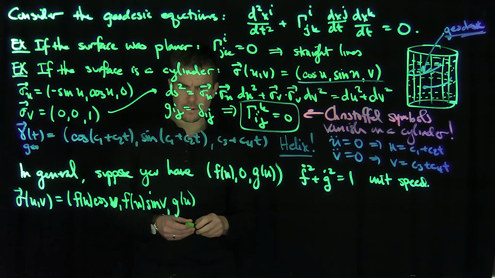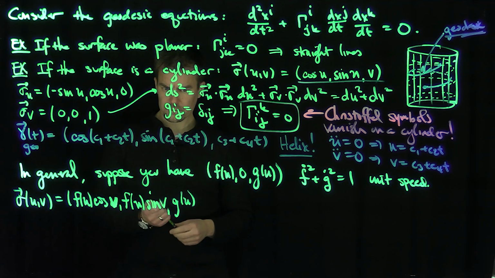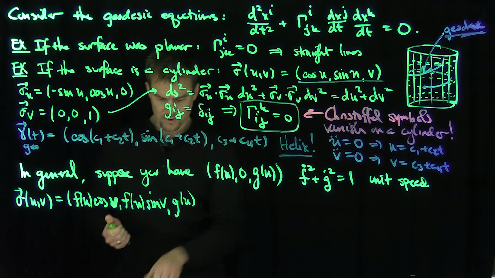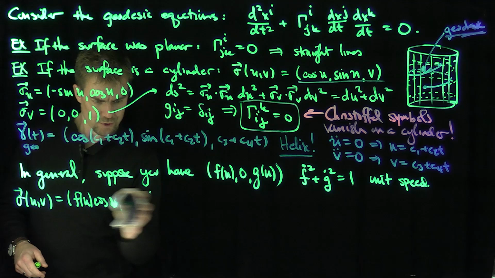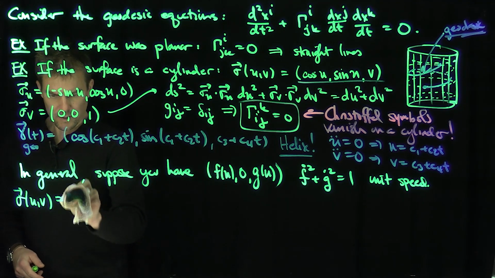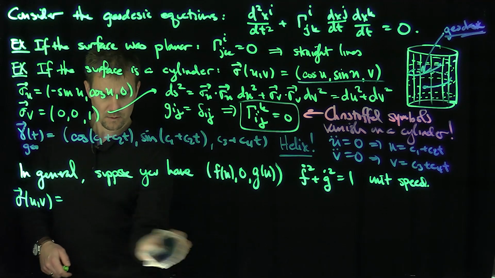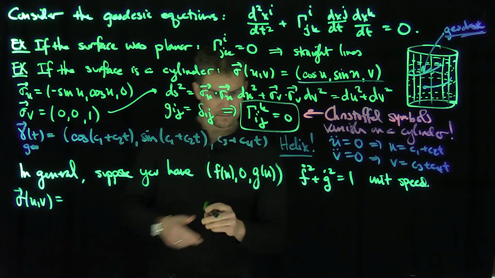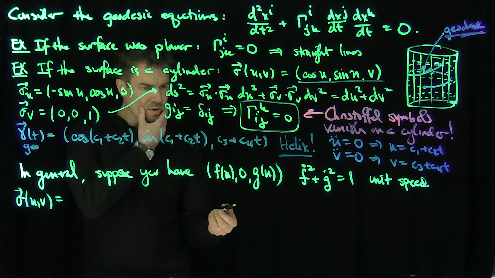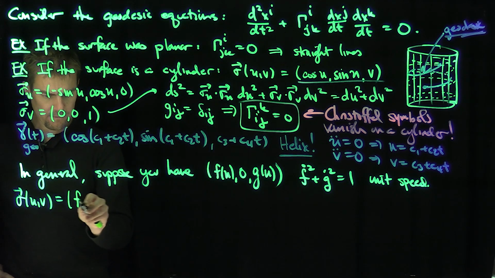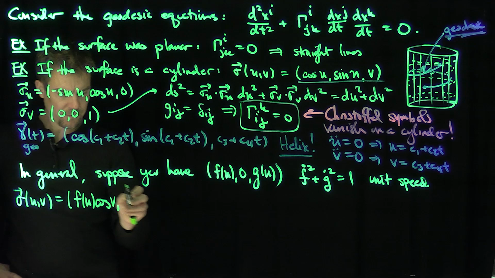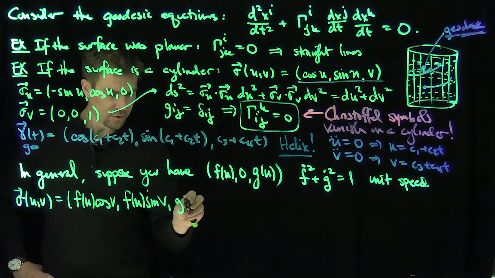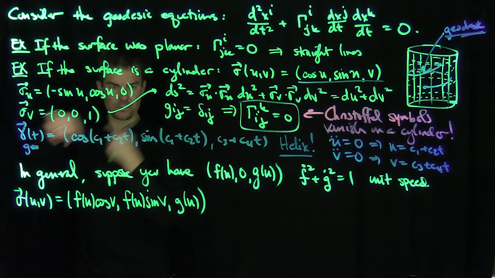We change the parameterization, because we're going to rotate in those coordinates. So we have f of u cosine v, f of u sine v, and then g of u, because the z component stays fixed.